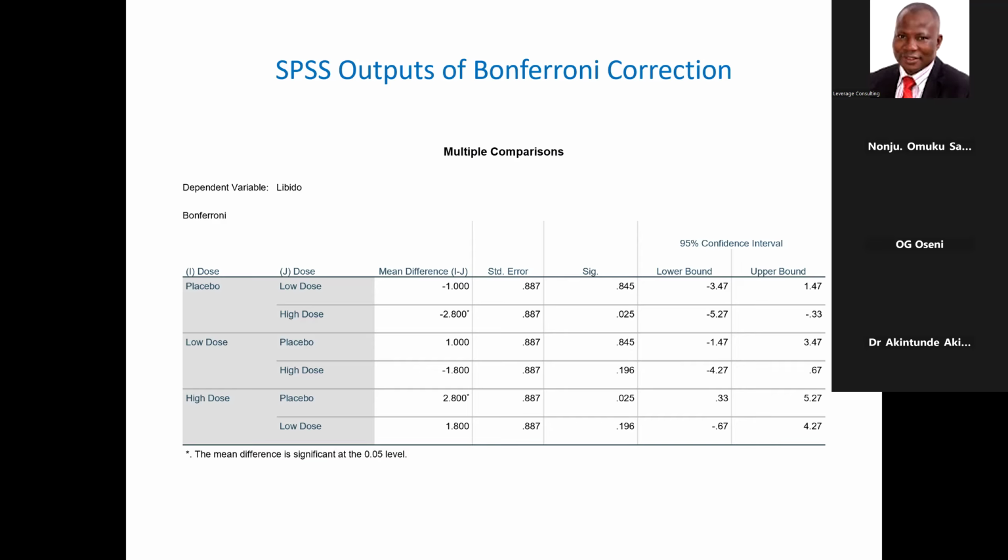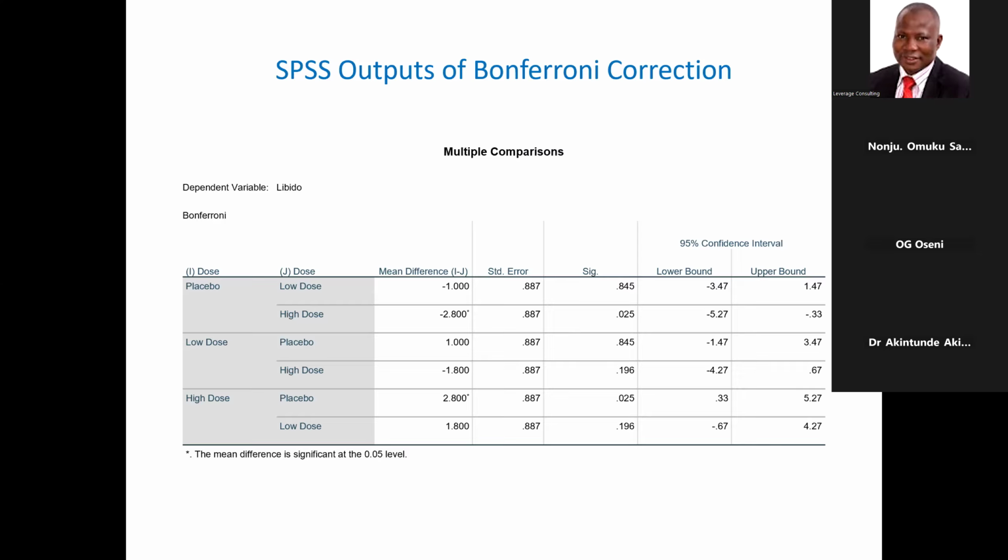So the first one, placebo pairs with low dose, placebo pairs with high dose, or low dose pairs with placebo, low dose pairs with high dose, or high dose pairs with placebo, high dose pairs with low dose. But you know that the pairing is actually 3. The pairing the computer did now is 6.